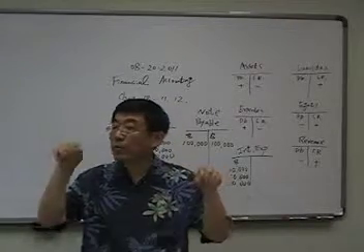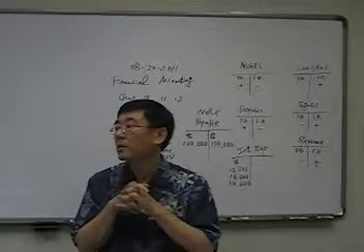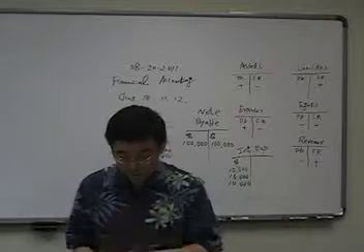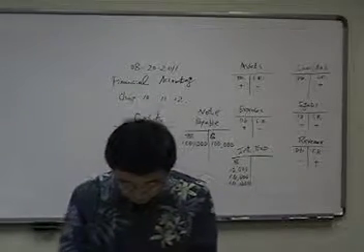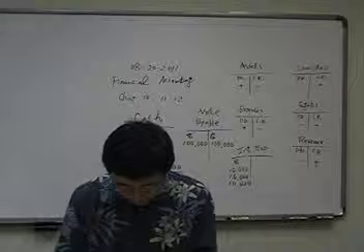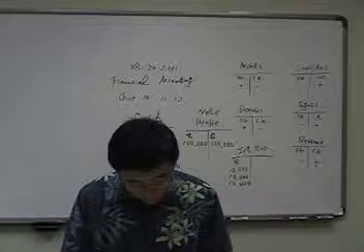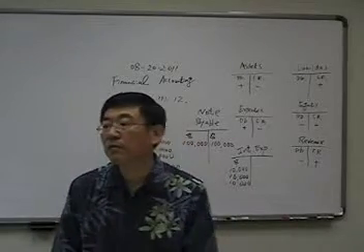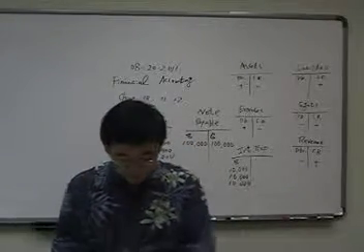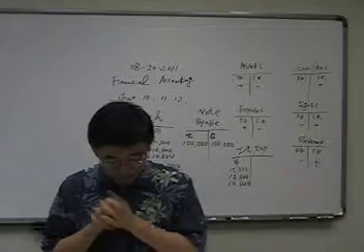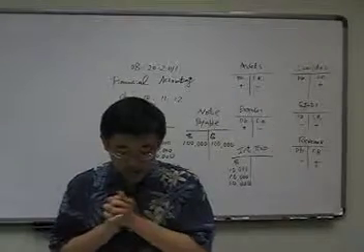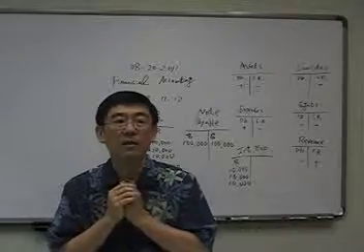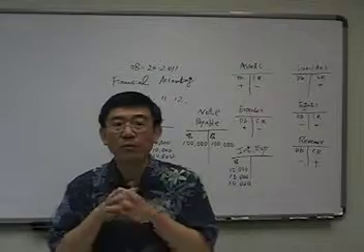Okay, then let's talk about the end of the year, the day you're going to pay the interest. Let's compare this to page 526. On the day you pay interest, we just simplify the whole thing.